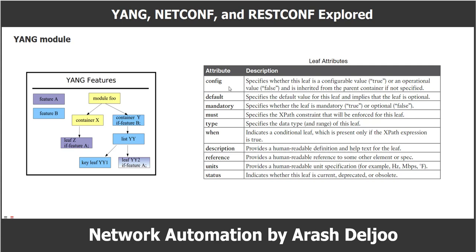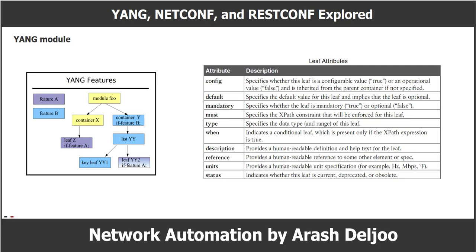First, about the config. This attribute specifies whether this leaf is a configurable value, true, or an operational value, false, and is inherited from the parent container if not specified. It means that assume that you have a feature. This feature has a value, and we can't configure it.